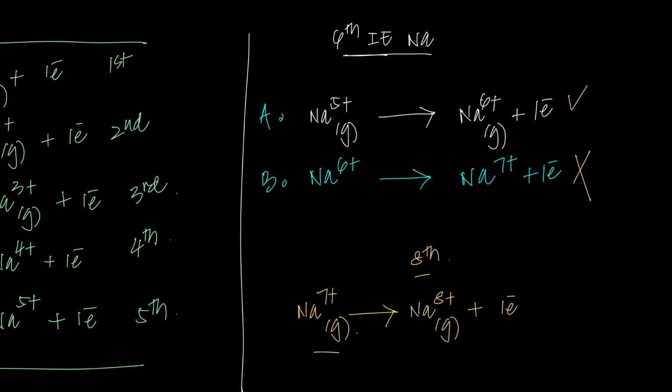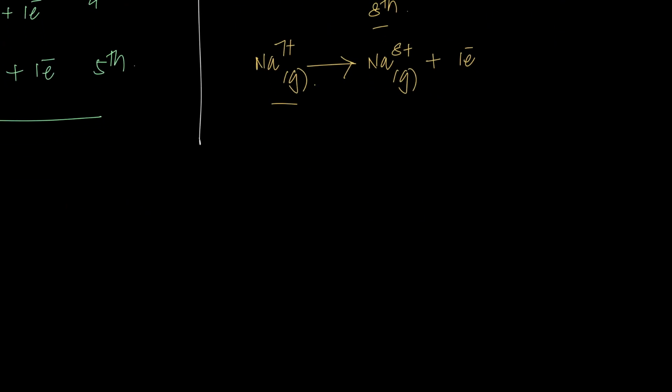So always think about it like this. If I say write the 50th ionization energy for element Y, well, for me to remove the 50th electron, Y should already be 49 plus. And then I'll be able to remove the 50th electron and obviously get a charge of 50 plus.